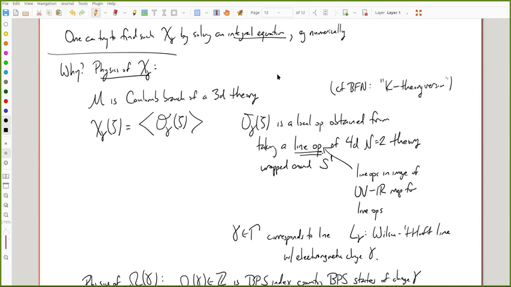And then there's the map that takes you from the UV to the IR. For every UV line operator, when you sit at a particular point of the moduli space, it has some decomposition into infrared line operators. And those are the simpler objects that are labeled by these charges that I called gamma.